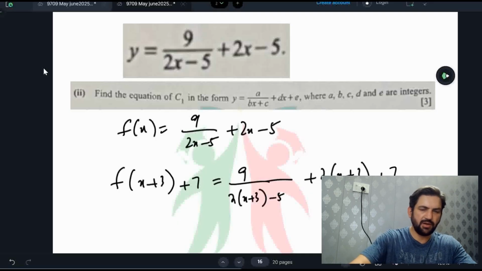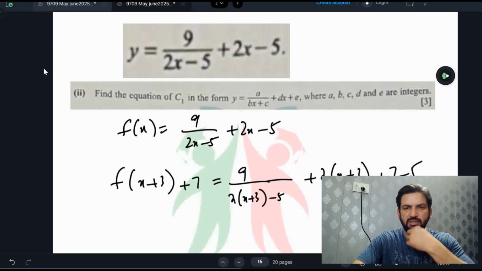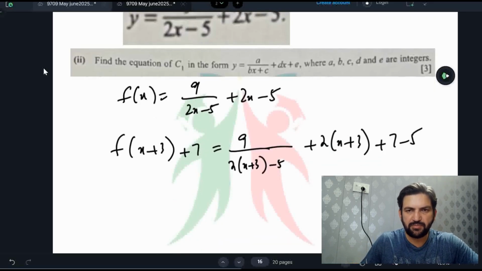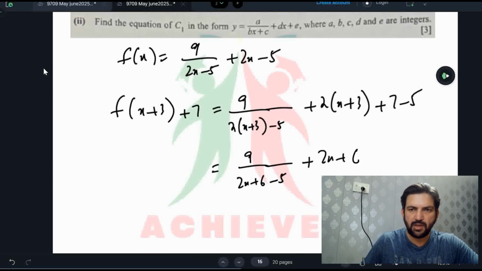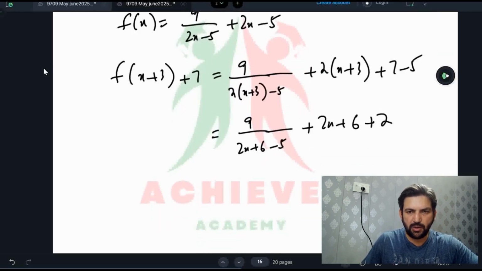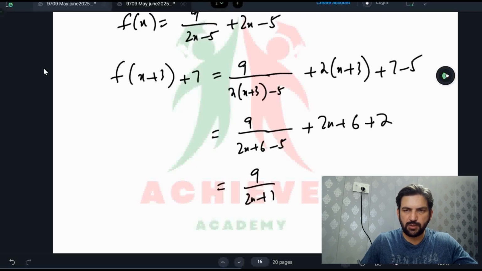If we simplify it, we will get 9 divided by 2x plus 6 minus 5 plus 2x plus 6 plus 2, and then finally we will have the answer 9 by 2x plus 1 plus 2x plus 8.